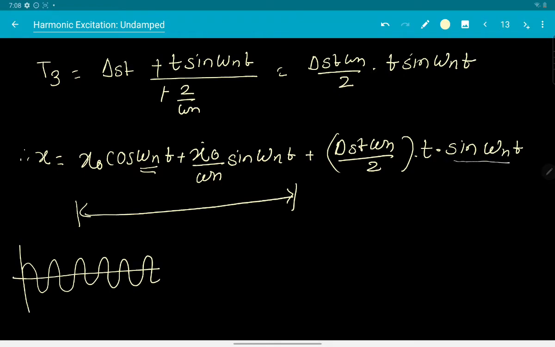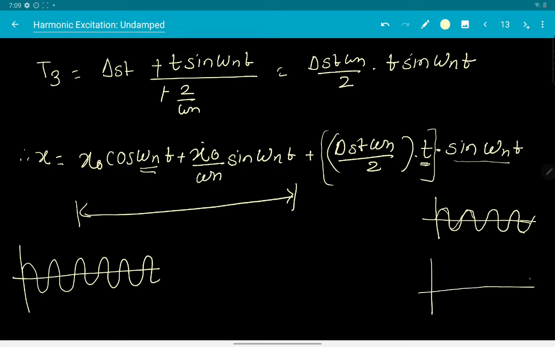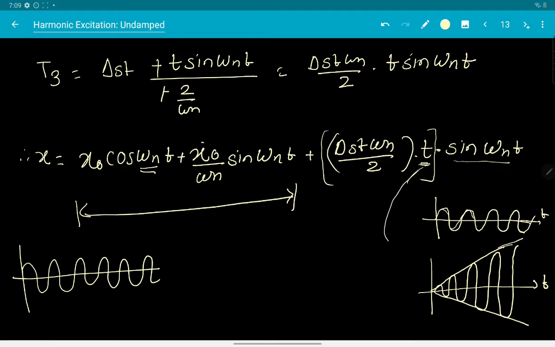One component is the sine function with circular frequency omega n, and multiplied to that sine function is this amplitude, and the amplitude has a t sitting in it, which essentially means that the amplitude of this sine function increases with increasing time. So you have the time axis here, and with increasing time the amplitude of the sine function increases, like this. This is the result of getting this t multiplied over here.